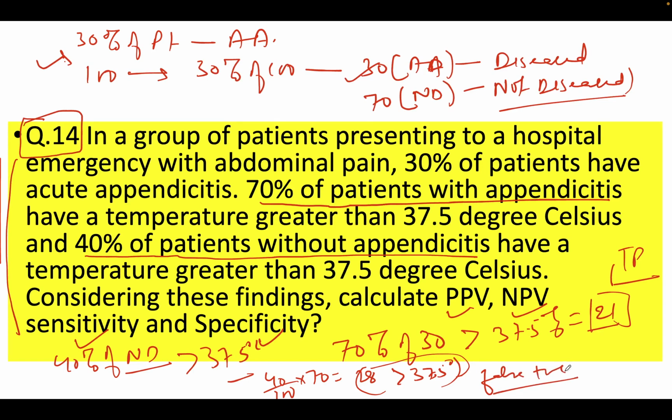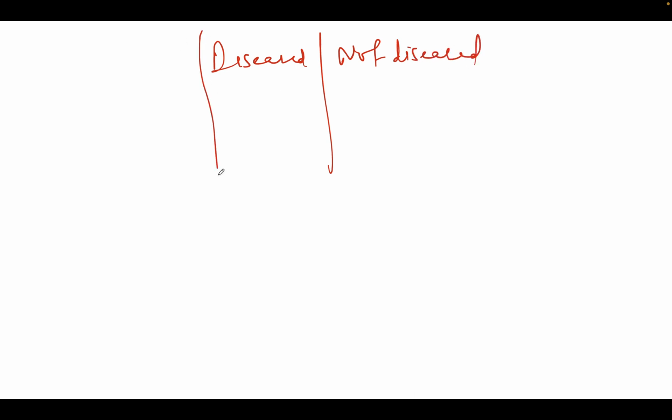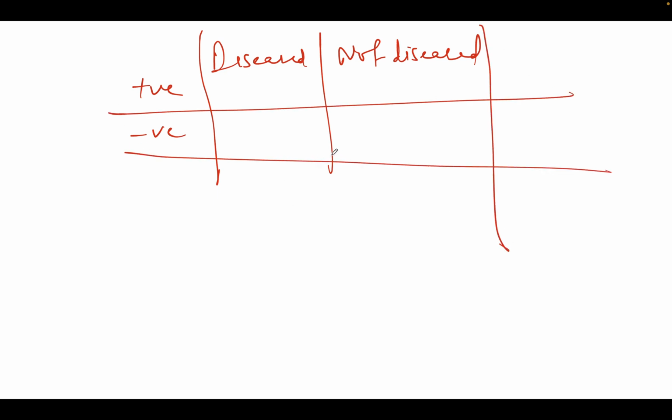Now let's put all this information in a 2 by 2 table. Again, diseased, not diseased, positive, negative. So this is my total.